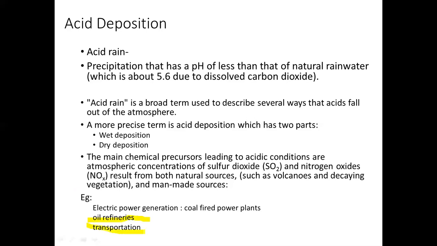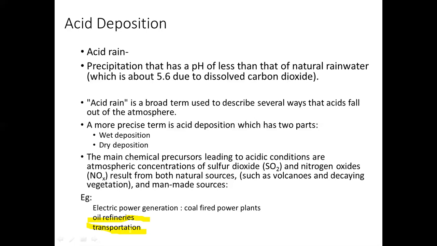Then the transportation sector. Vehicles also emit SOx and NOx because the fuel contains sulfur. During the combustion process, sulfur is emitted as SOx, sulfur dioxide.